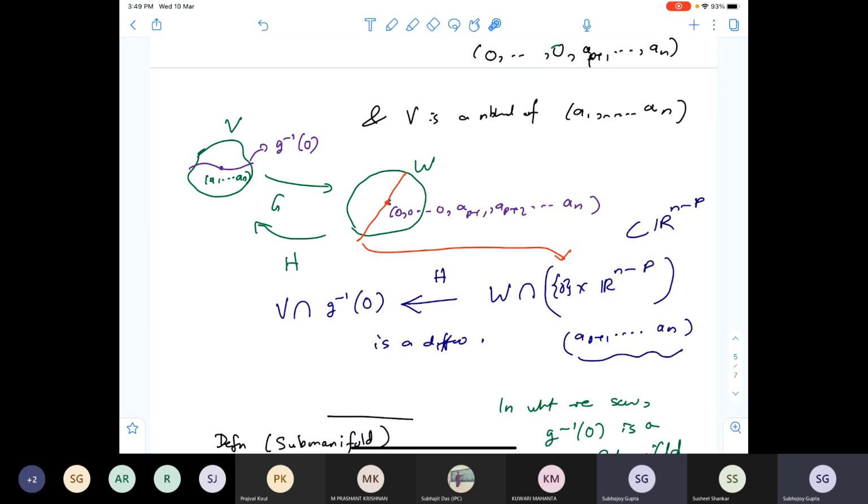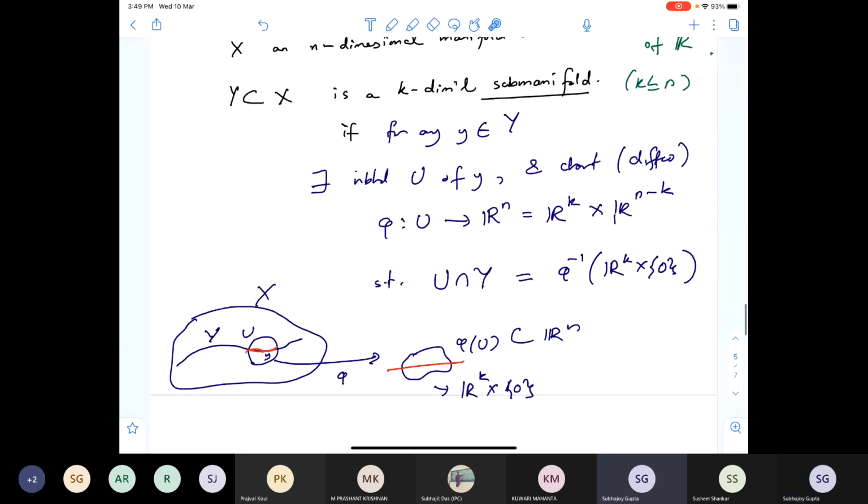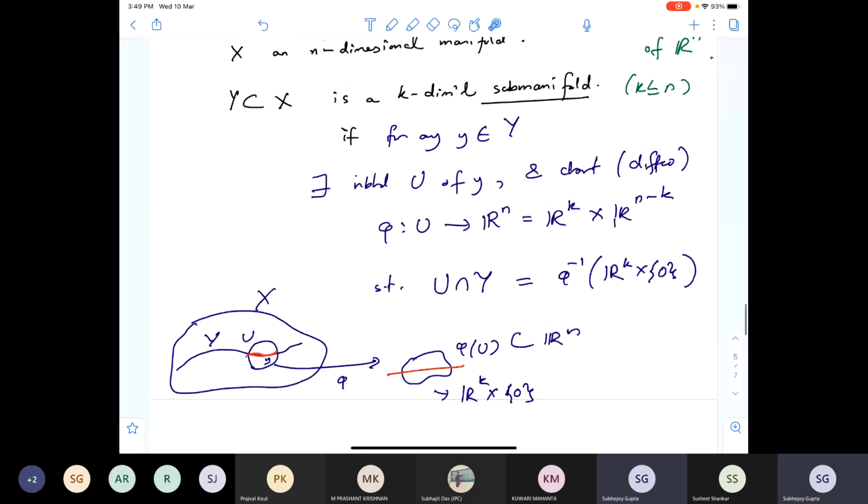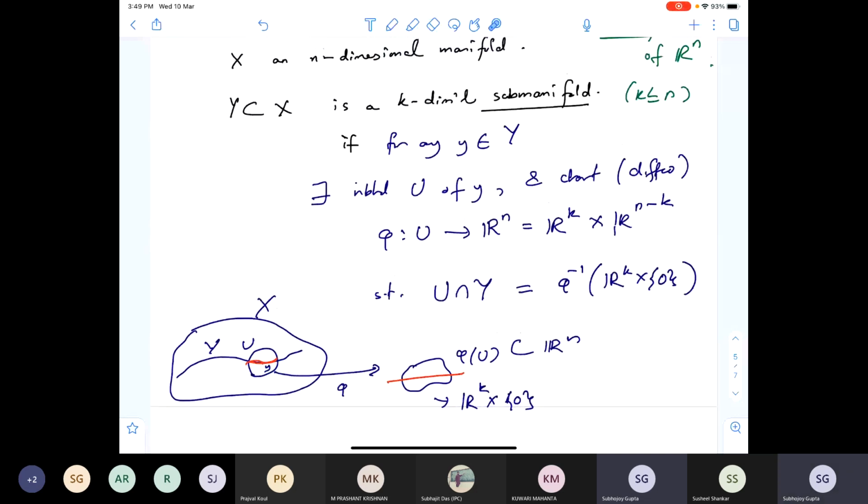There are these k variables, and when they vary, you move around in this slice, and this map H parametrizes this entire neighborhood. This V intersection G inverse of 0 is parametrized by these k variables. So this is the general picture, and locally it's the same. That's called being a submanifold. That's what being a submanifold is.